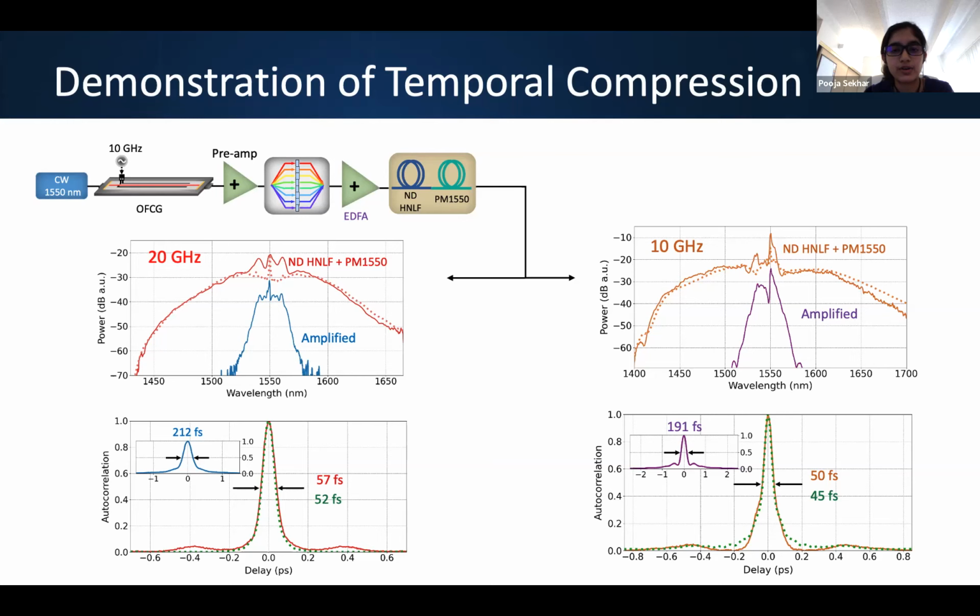And these are also very good quality pulses because the nonlinear spectral phase or the satellite pulses are less than 5% in amplitude compared to the peak power. This temporal compression is critical for generating a broadband nonlinear supercontinuum for astrocombs.